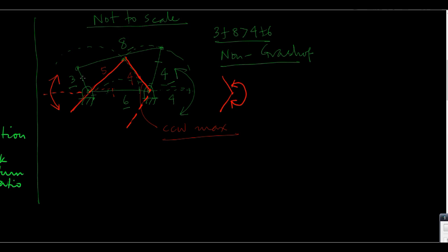Now I am interested in the range of motions of link 3, for which I will use a blue color. Once again, for its extreme positions, I want 8 and 4 to be collinear. If 8 and 4 are non-overlapping, that is 12. That is too far. 6 and 3 is 9. Therefore, they are overlapping. 8 minus 4 is 4, which by coincidence is the same 4 as this.